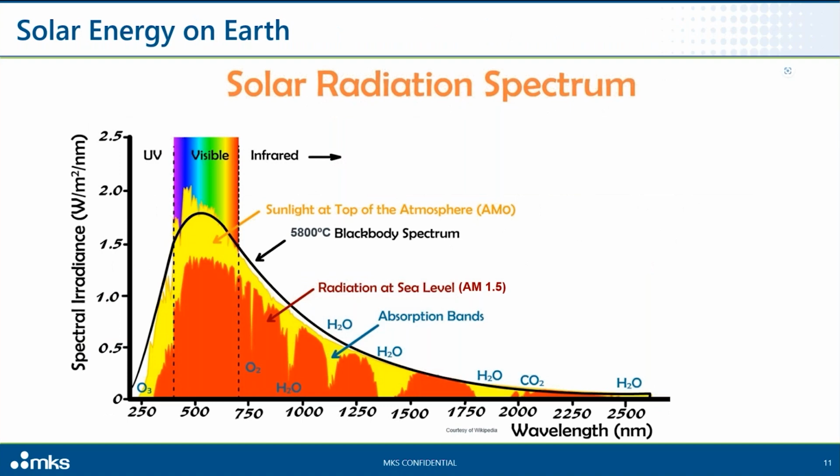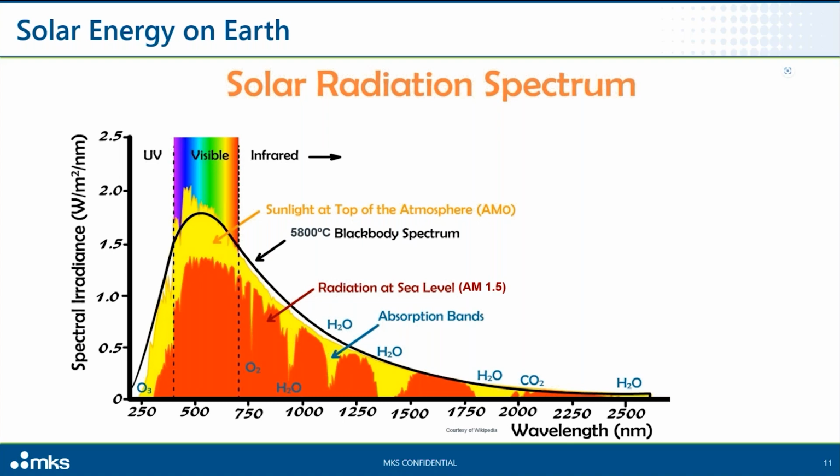So again, the rainbow there is just showing the visible spectrum of light that you would see on Earth. And this curve, which I'm sure everybody knows and has seen before, the black line is representing what looks like a 5800 degrees C black body spectrum from the sun.